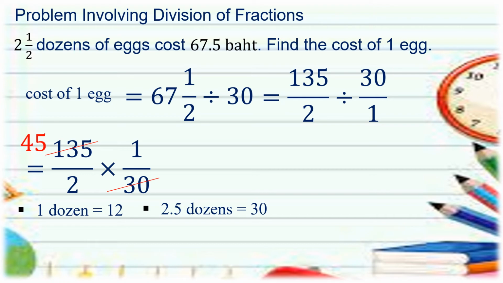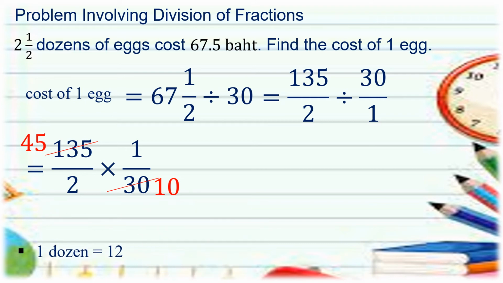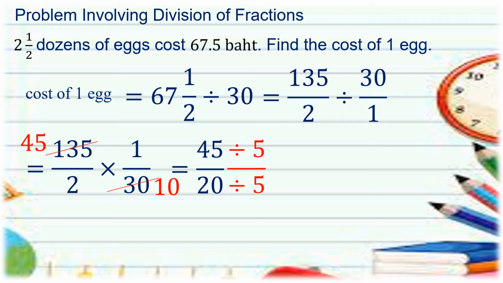So 135 divided by 3 is 45, and 30 divided by 3 is 10. Then multiplying the numerators, 45 times 1 is equal to 45, and the denominators 2 times 10, which is equal to 20, we get 45 over 20. And these numbers are divisible by 5.